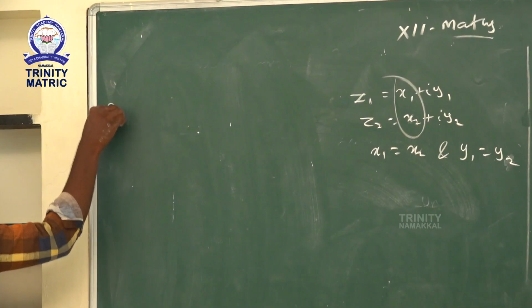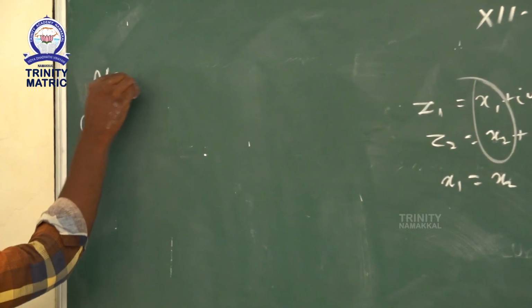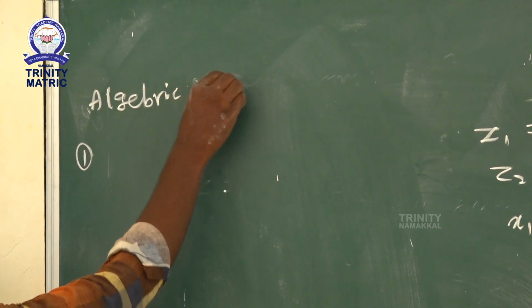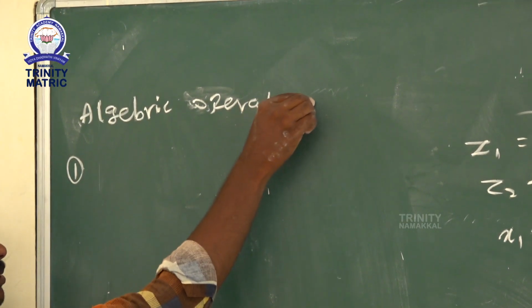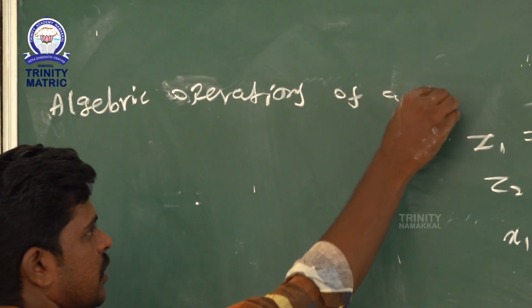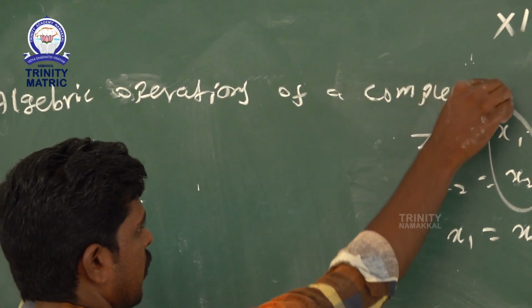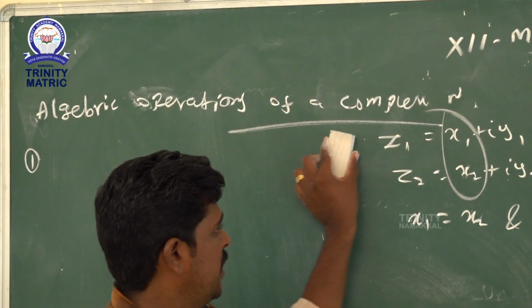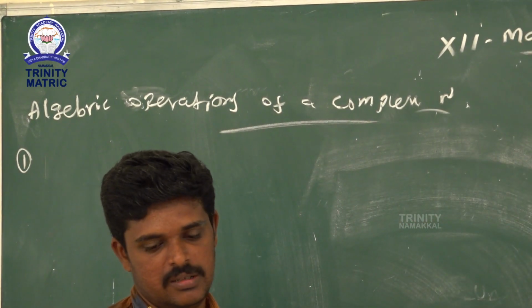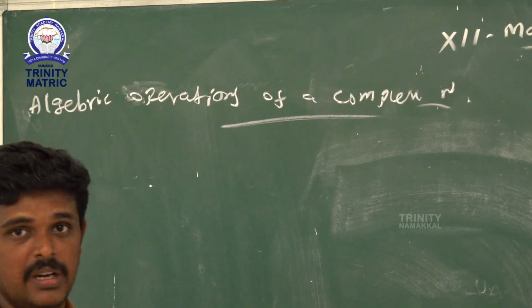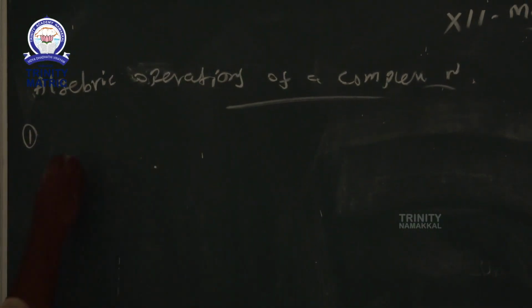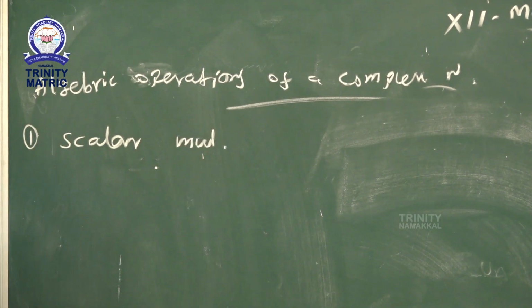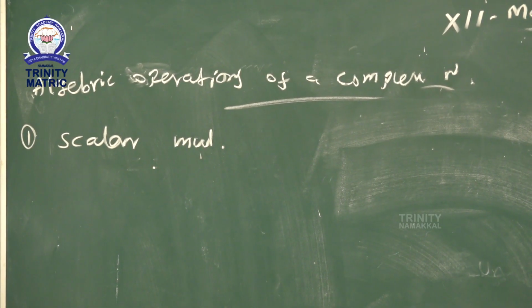Next, algebraic operations of complex numbers. What are algebraic operations? The basic algebraic operations are addition, subtraction, multiplication and division. Here first one, scalar multiplication.